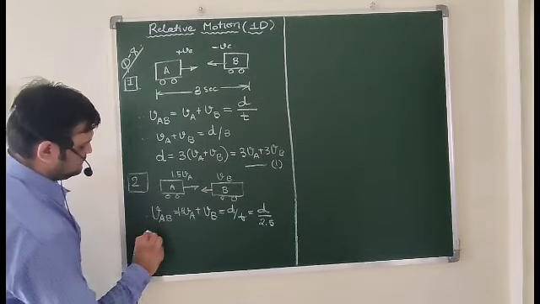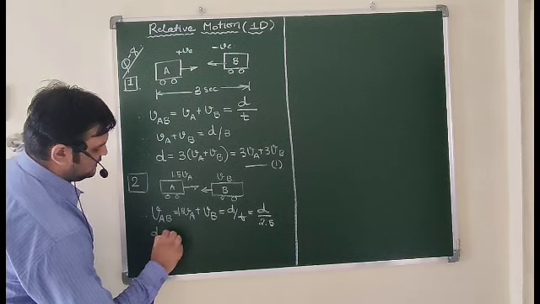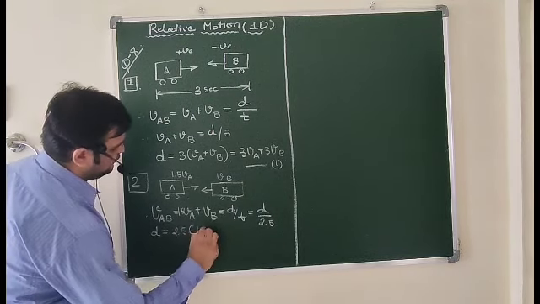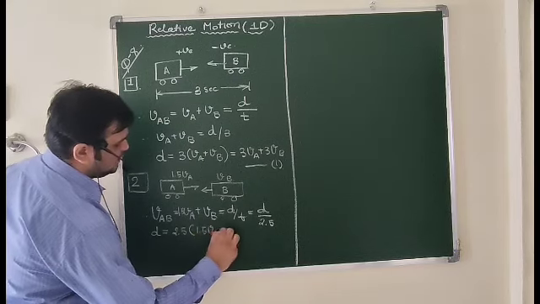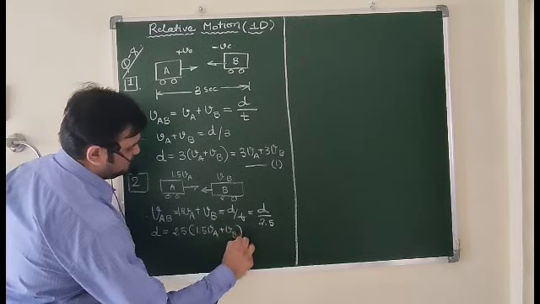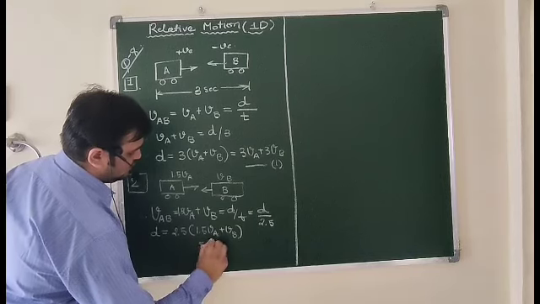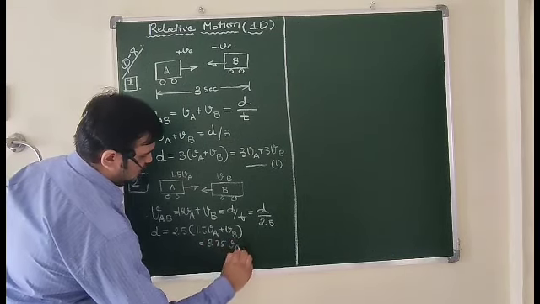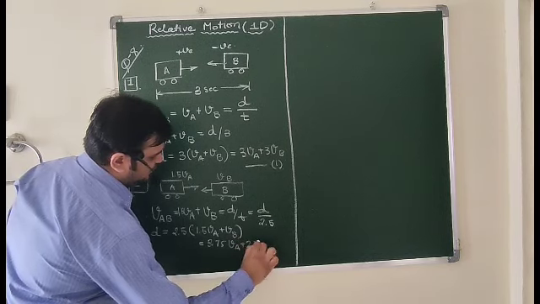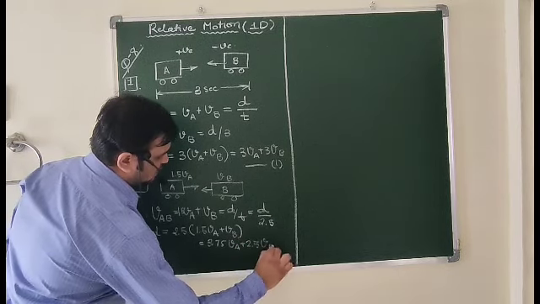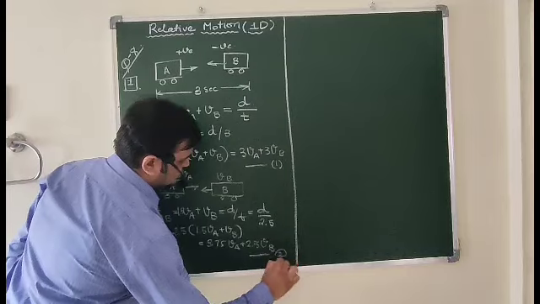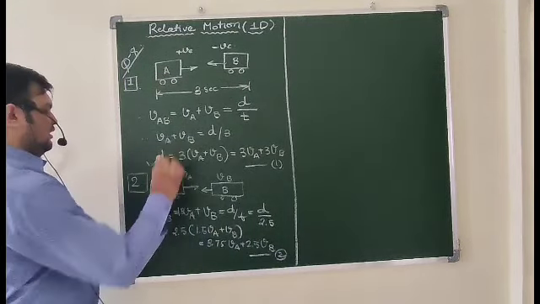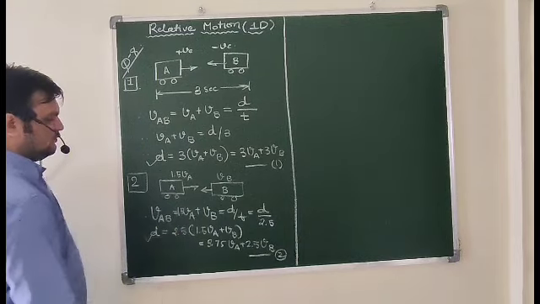So ultimately D is equal to 2.5 into (1.5 VA plus VB), so it will become 3.75 VA plus 2.5 VB. This is equation number 2. Now this is the first equation of D, this is the second equation of D.